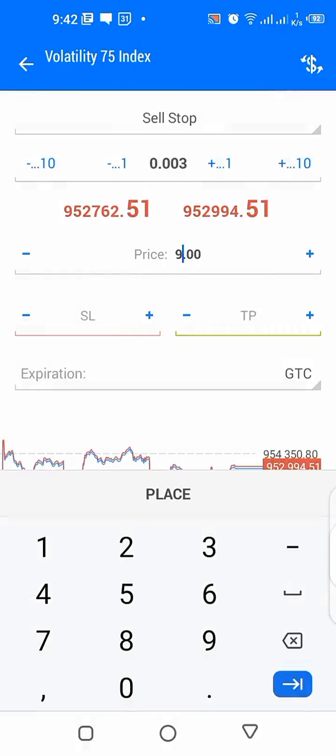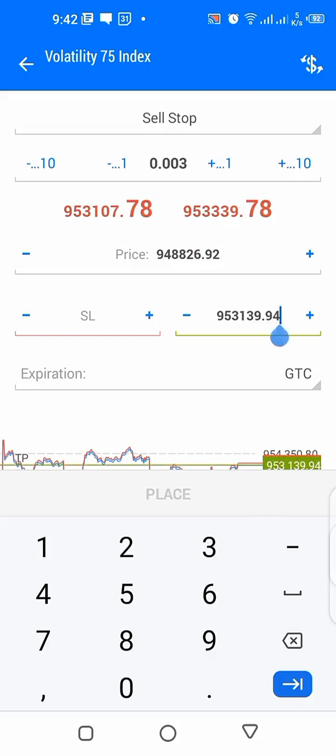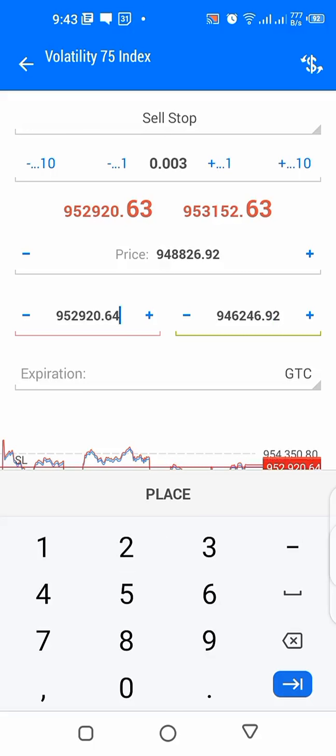I'm going to place a hedge trade of 0.003 with 4,000 spacing. So I'm removing 4,000 points from the point of my running buy trade. I'm going to place a sell stop of 3 times the lot size, which is 0.003, around 4,000 points below my running buy trade.